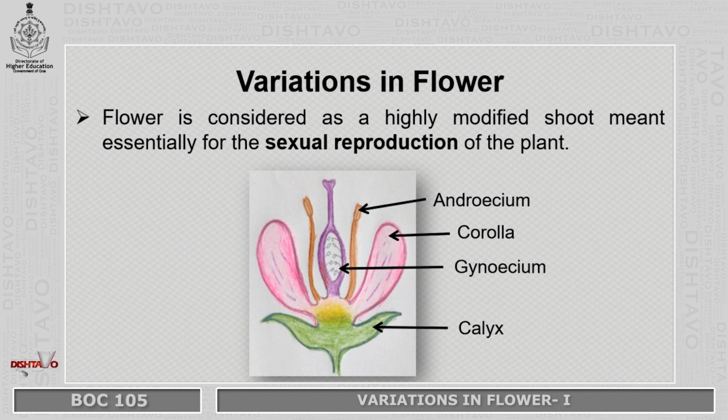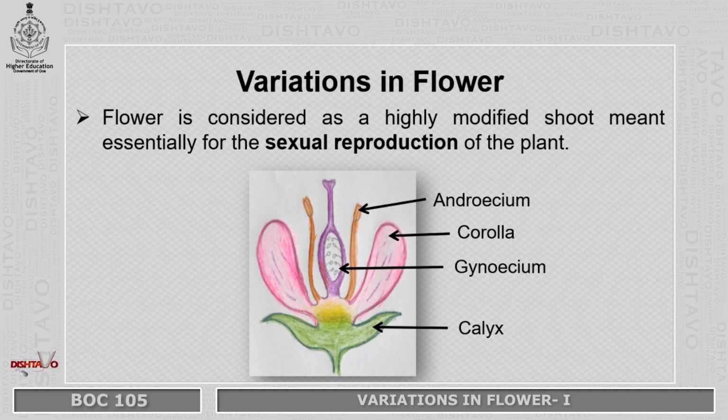There are different terminologies used for the flower based on different criteria. Flower is considered as a highly modified shoot meant essentially for sexual reproduction of the plant. A typical flower has 4 floral whorls: calyx, corolla, androecium and gynoecium.